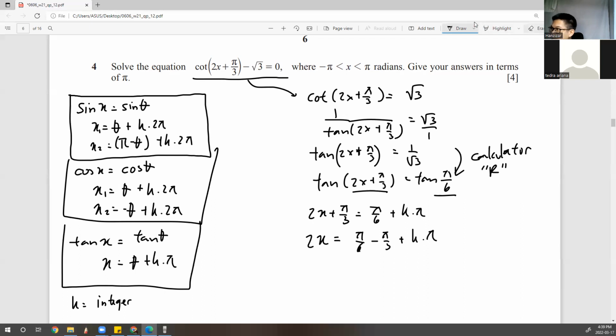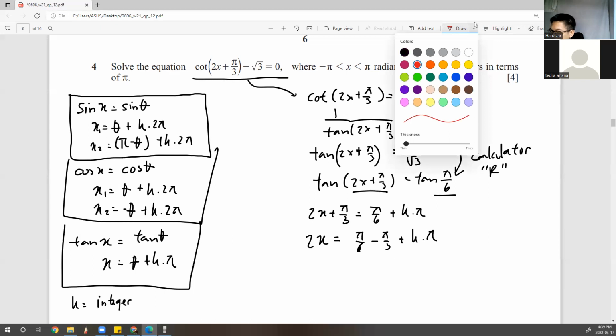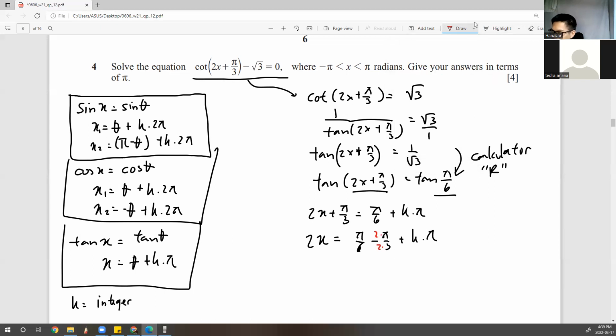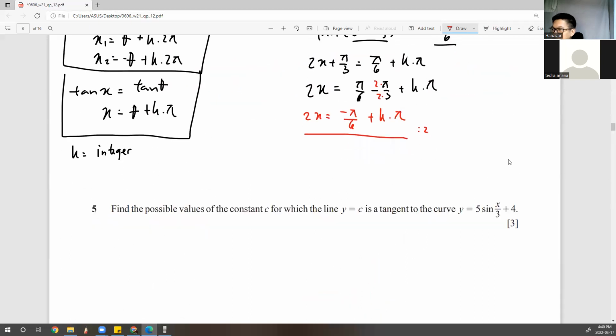Make the denominators equal, so 2x equals negative pi over 6 plus k times pi. Divide everything by 2, because we are finding the value of x. So x equals negative pi over 12 plus k times pi over 2.